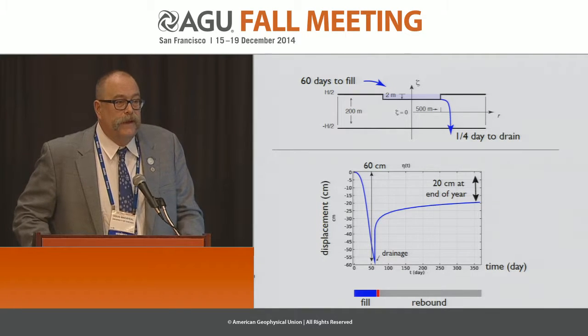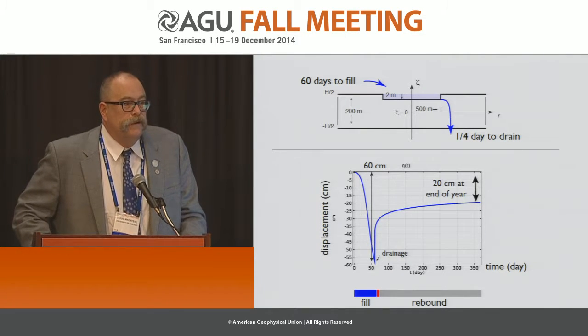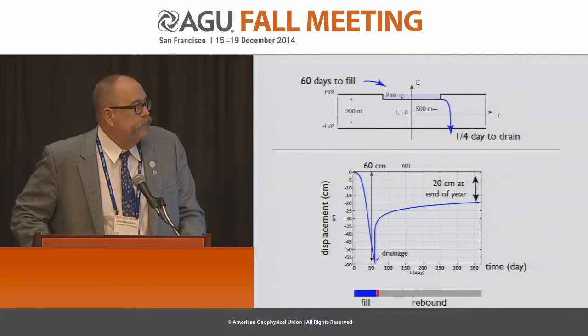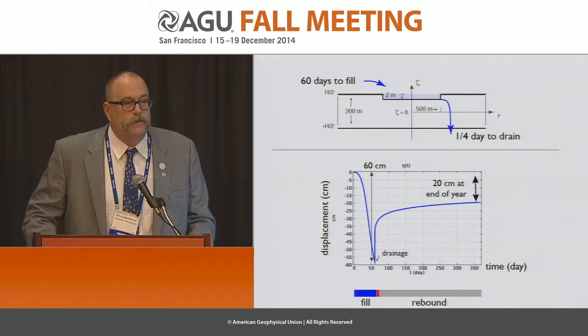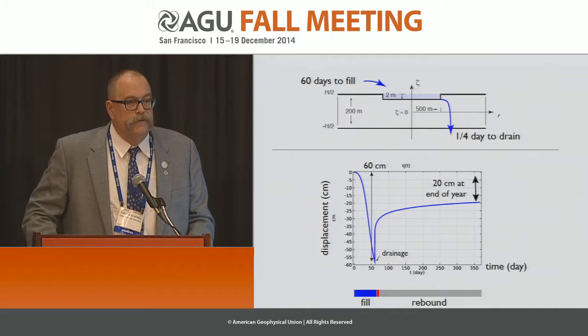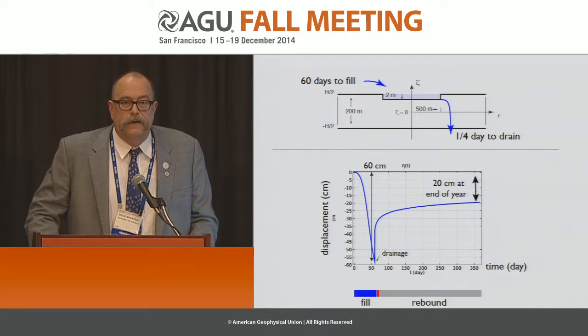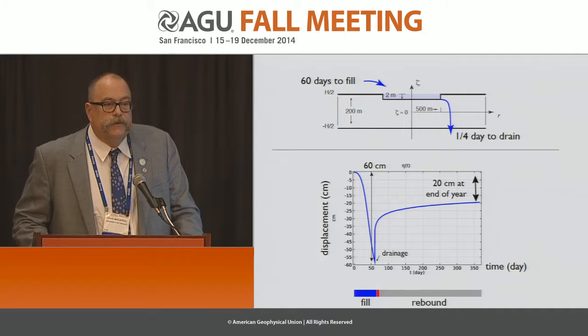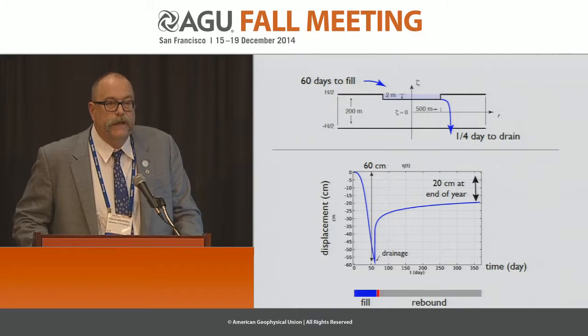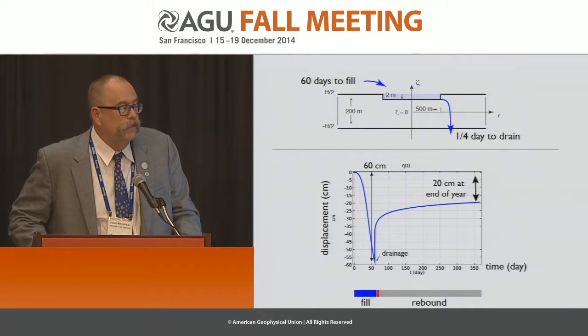So here is an example of what happens to the depth of a lake, shown in the bottom graph, in an experiment where you load the lake for 60 days. It's a 2-meter deep lake, 500-meter radius. And then after 60 days, you suddenly drain the lake as if a hydrofracture developed to remove the surface load.